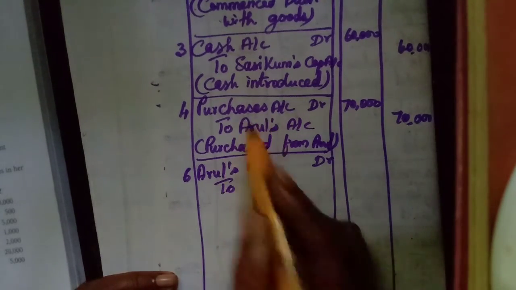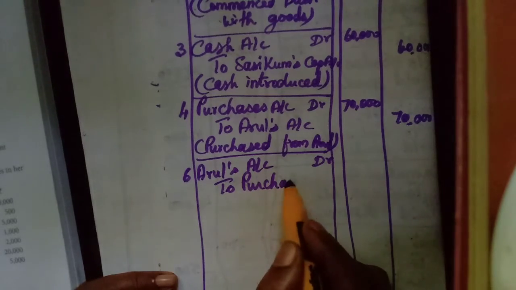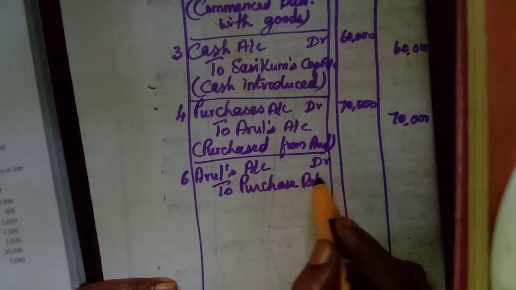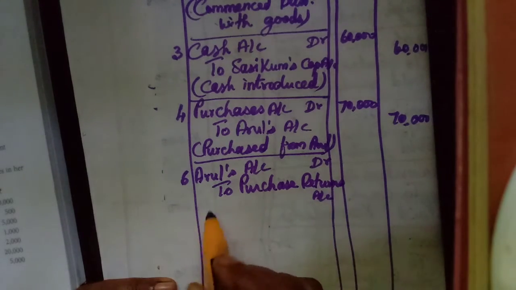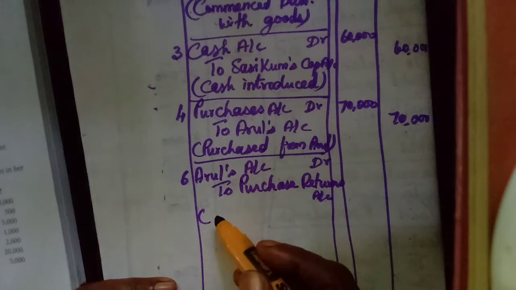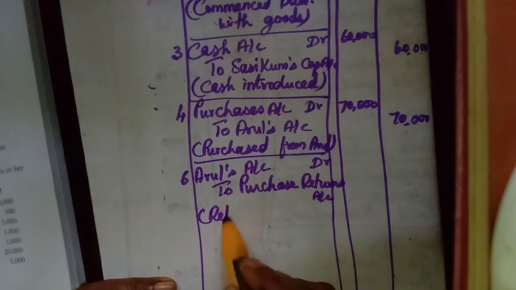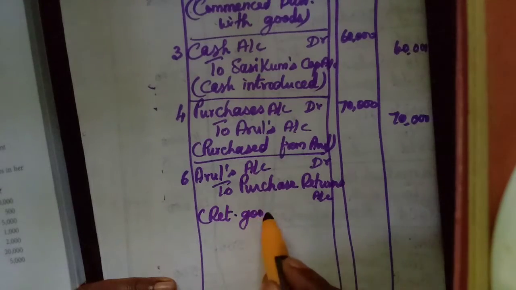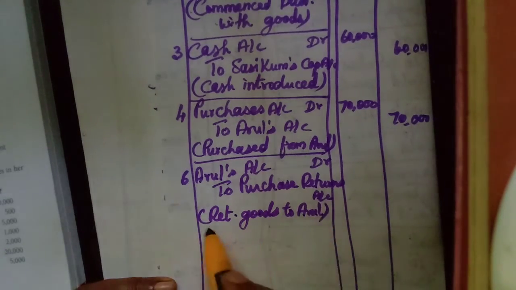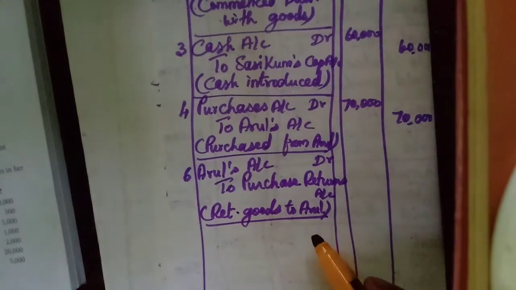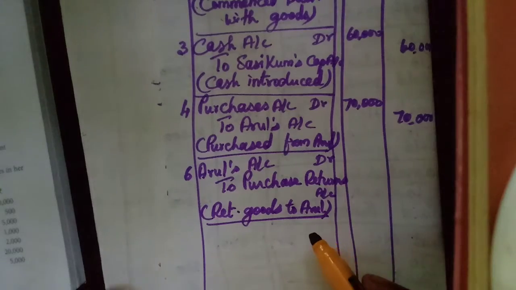So purchase returns account. Returned goods to Arul. Amount 10,000.